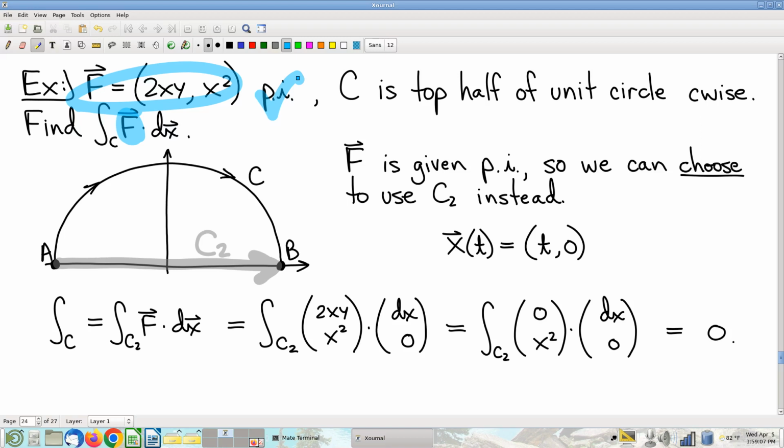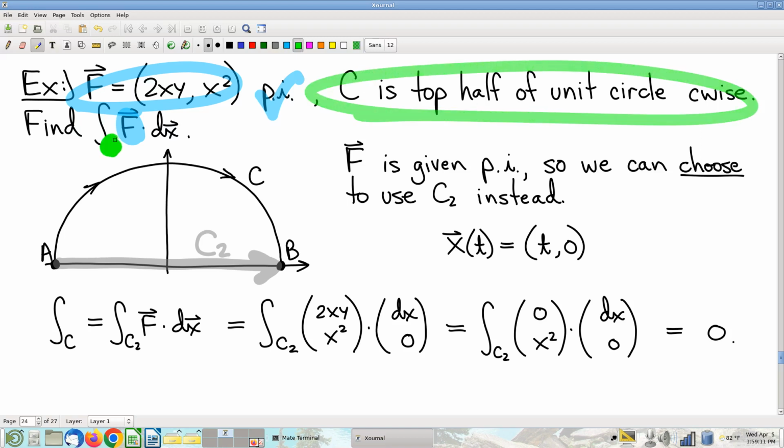That's a given. I have a curve like so, and I want to compute this line integral over this given curve of this given vector field, which I am given is path independent.